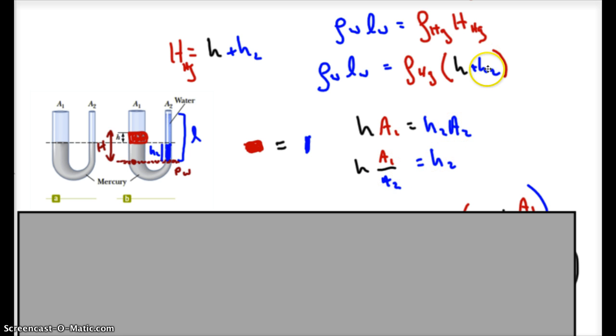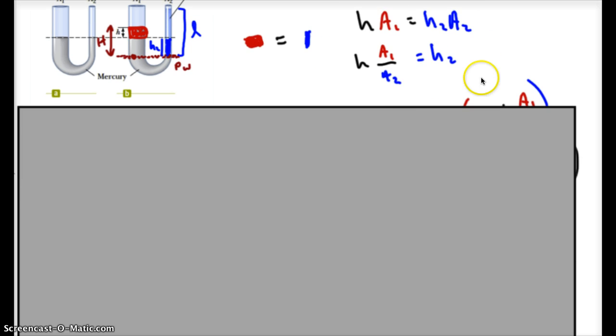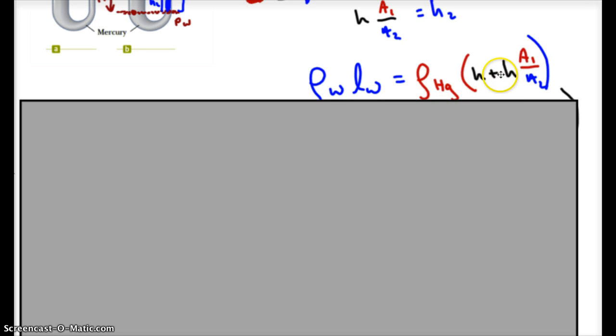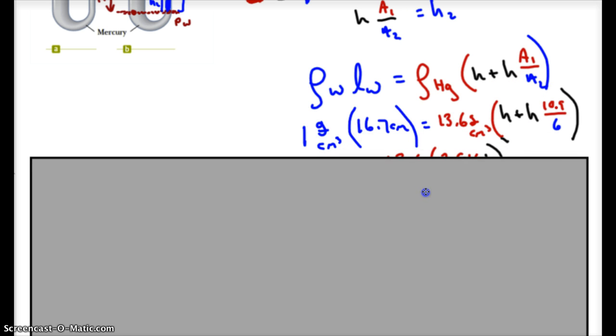Or if we want to get rid of H2, so we leave everything in terms of h, we can solve for H2 in terms of h, and we know each of those areas. So then we're going to substitute this value in for H2. Then it's just algebra from there. So we substitute in A1 over A2 for our H2, and then we can start putting some numbers in at this point.